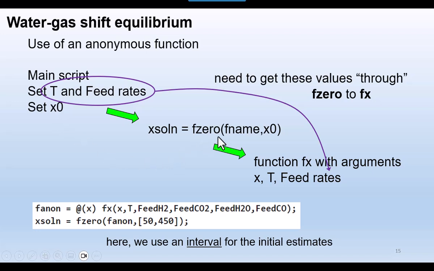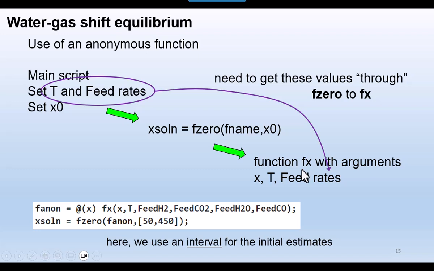And then we're going to call fzero with a function name, with our initial estimates in order to find the root. The problem we have, as shown with this ellipse, is that somehow we need to get these additional arguments through to our f of x, which needs them.